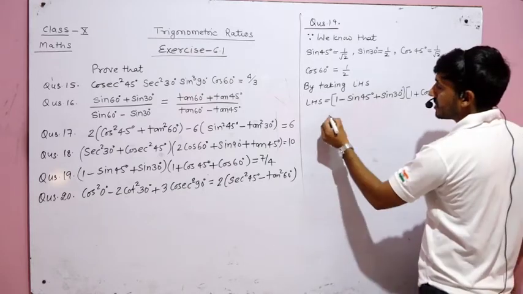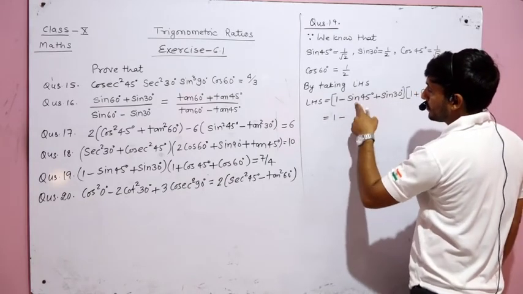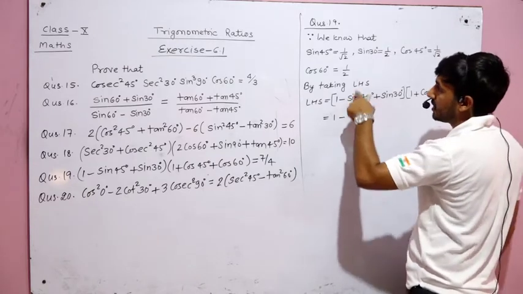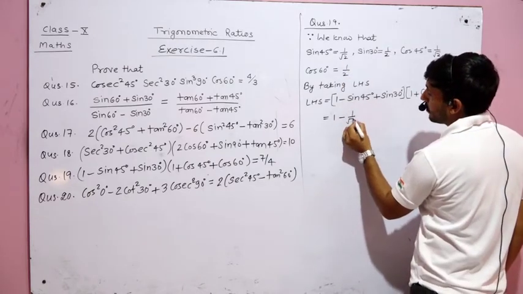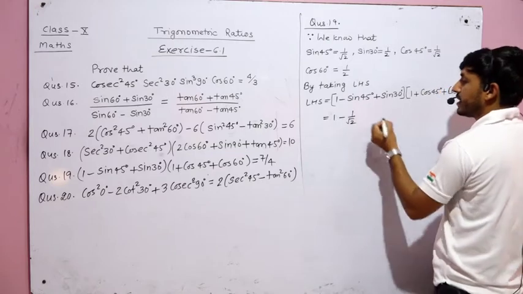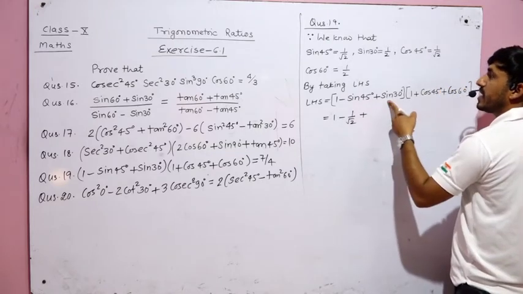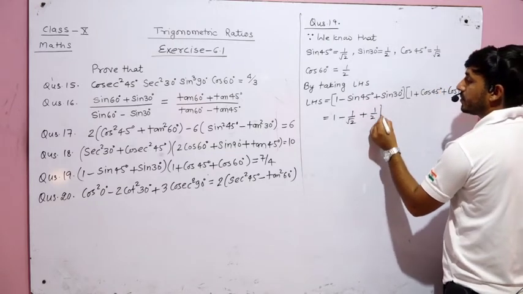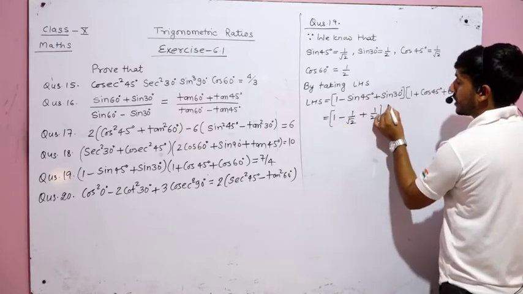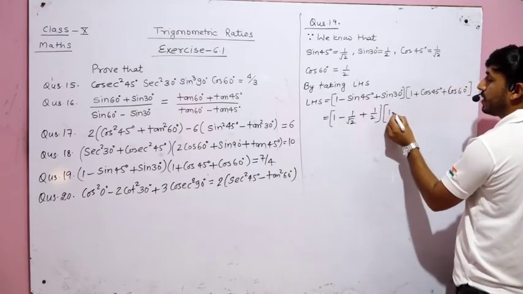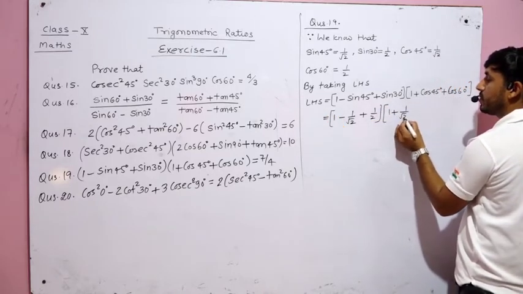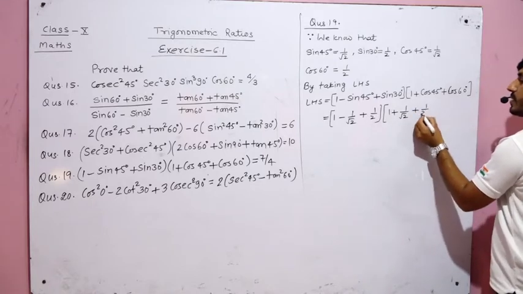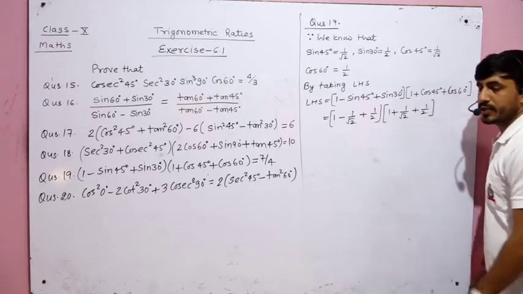Then in the next step we write 1 minus, what is the value of sine 45 degree? That is equal to 1 by root 2. Again, sine 30 degree is equal to 1 by 2. Then 1 plus 1 by root 2 plus 1 by 2. All the values we have substituted.